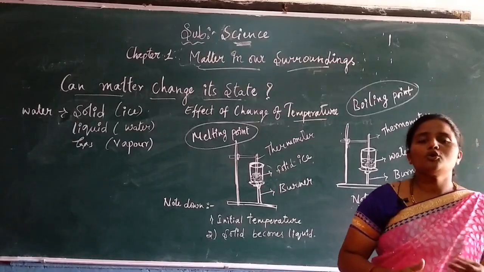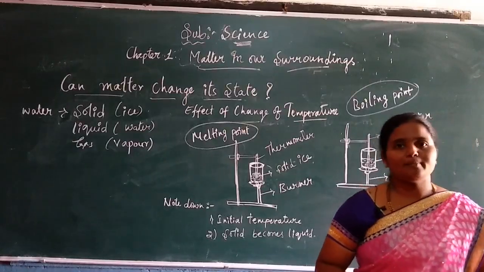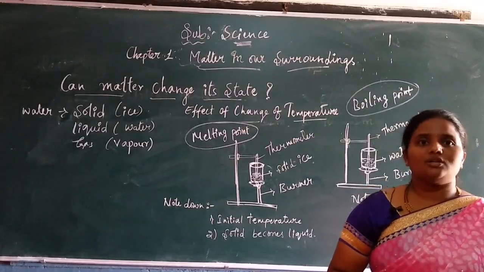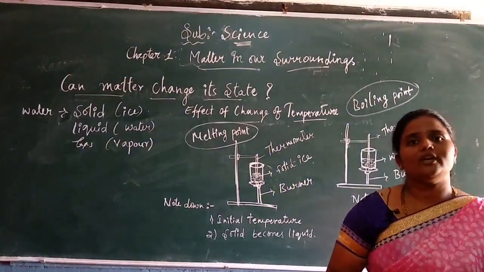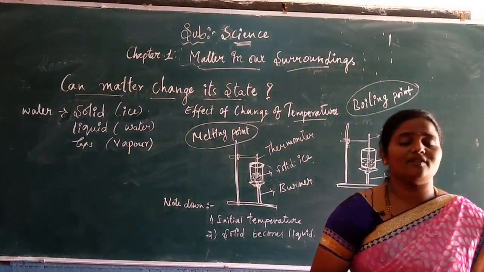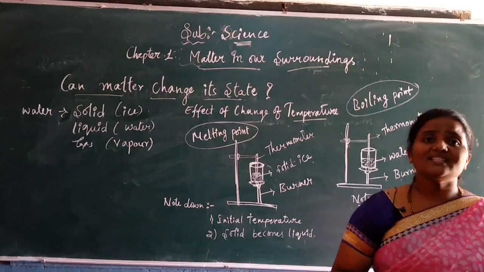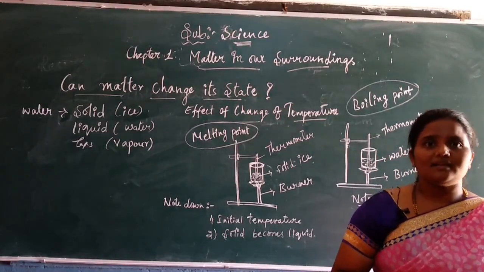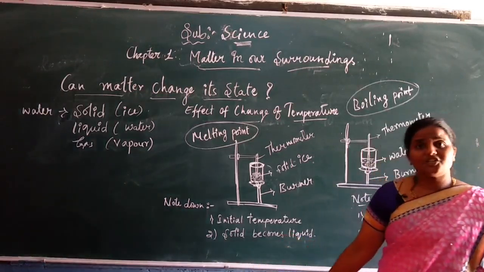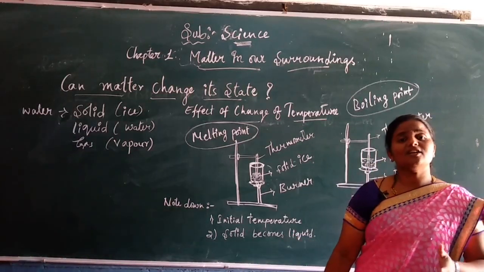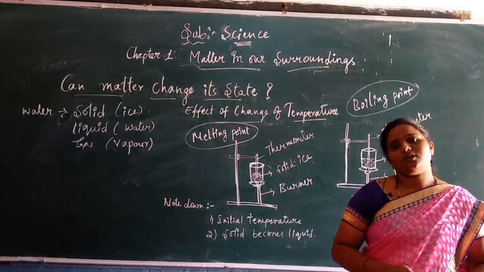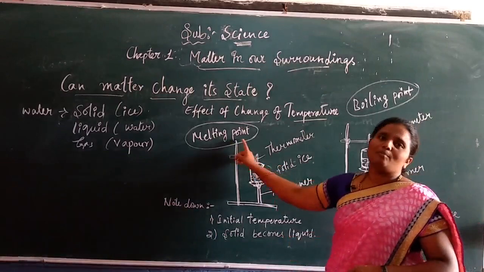We have to do two major things. The initial temperature of the solid is recorded. Similarly, the temperature at which the solid has converted into liquid is also noted. From these two observations, we can say that there is a temperature at which the solid starts converting into liquid at atmospheric pressure, called the melting point.